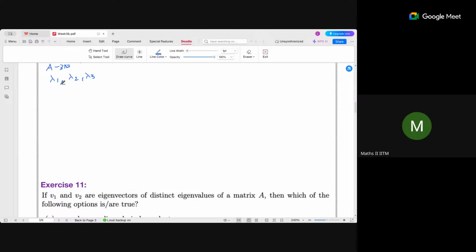Let's say all are distinct, and one of them is zero. Now with eigenvectors v1, v2, v3, in this case these two will span the range or form a basis for range, and this will span the null space. This is what will happen when they are distinct.